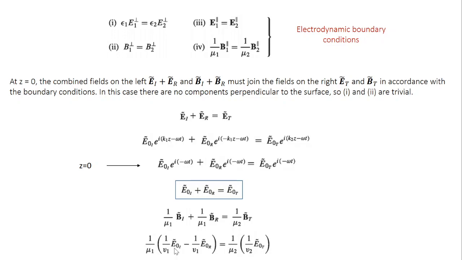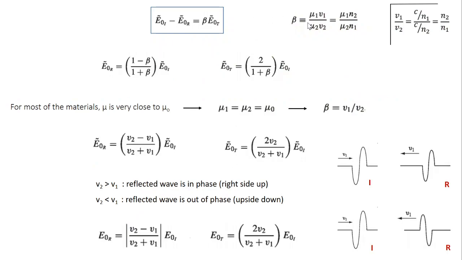So you get E naught I complex minus E naught R complex equal to mu1 v1 divided by mu2 v2. You can call this factor mu1 v1 divided by mu2 v2 as beta, and then the equation gets simplified as E naught I complex minus E naught R complex equal to beta E naught T.